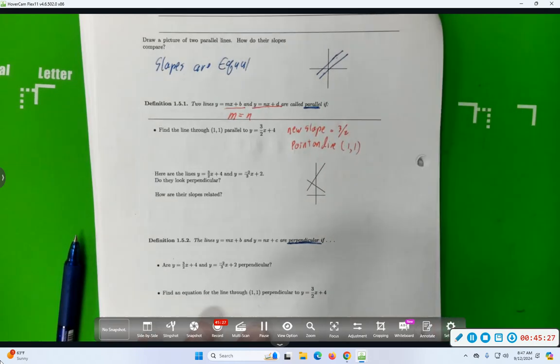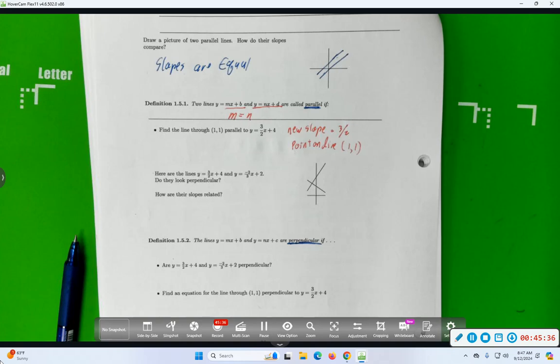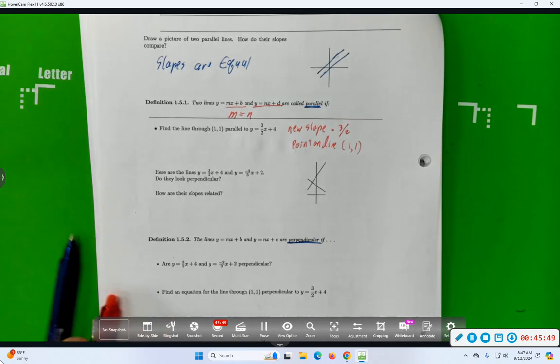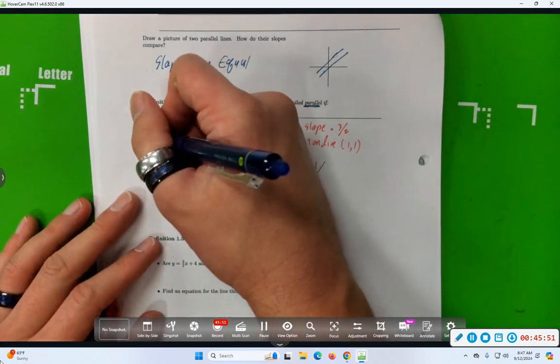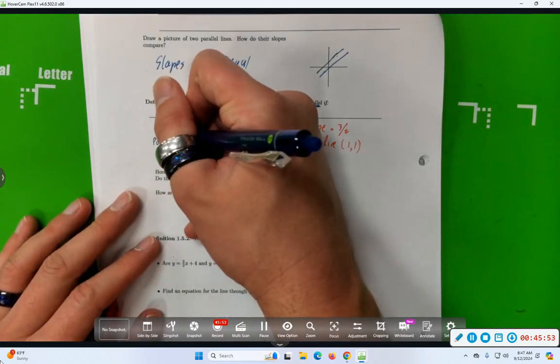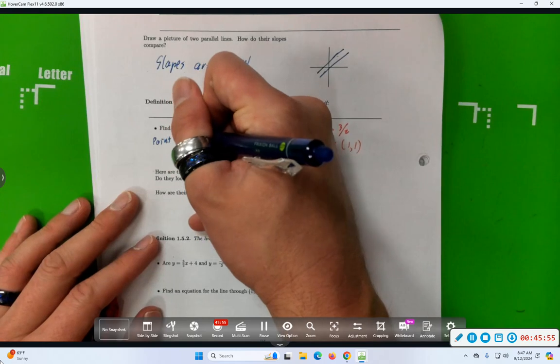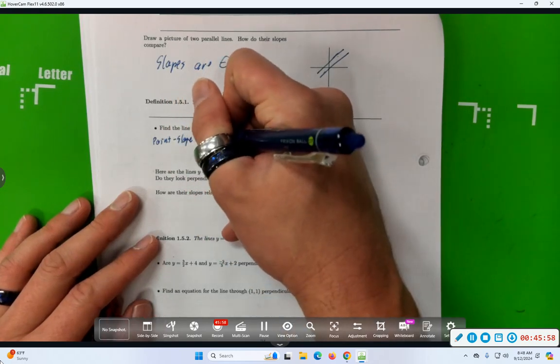(1, 1). And right now we have 2 forms that we might want to put our lines into, point-slope form or slope-intercept form. Which one seems easier to use right now? I think point-slope. We have a point and we have the slope. Let's put it in point-slope form.